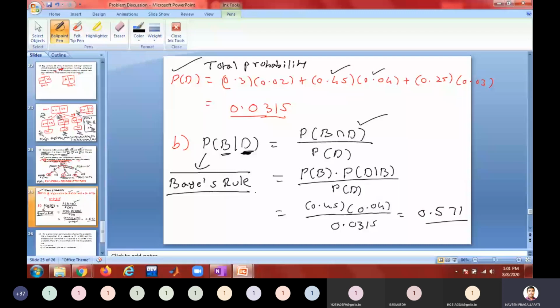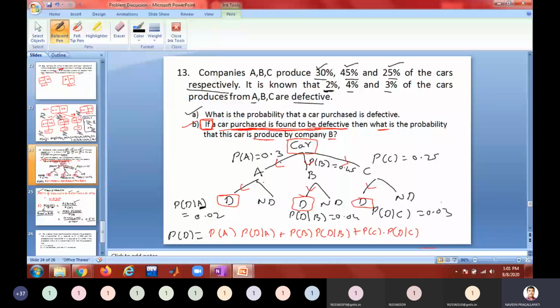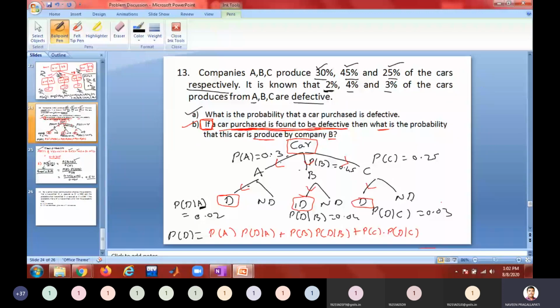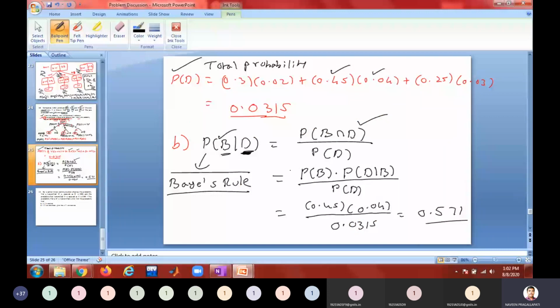Sum of branch products is the total probability. What is Bayes rule? One particular branch. In this case, you are asked to find B. So one particular branch product by the total probability, by the sum of all branch products. That is nothing but the Bayes rule.